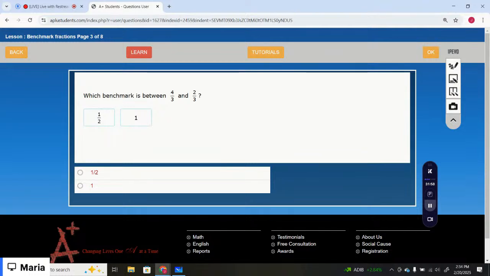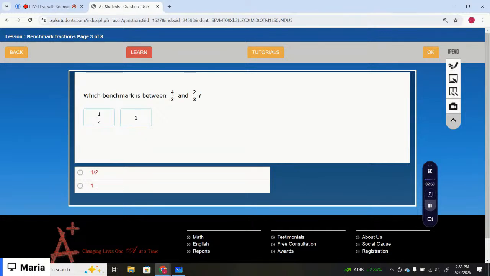Which benchmark is between 4 by 3 and 2 by 3, which is the correct option? 4 by 3 and 2 by 3 has the benchmark 1.